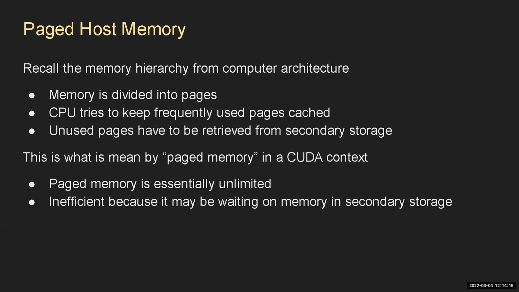But because we allow it to be wherever it needs to be, we can allocate as much paged memory as we want, as long as we have the hard drive space. We could essentially max out RAM and use secondary storage to store the rest. It would be inefficient, but you can use basically any amount of memory. So that's the kind of memory we've been using as far as the host is concerned.